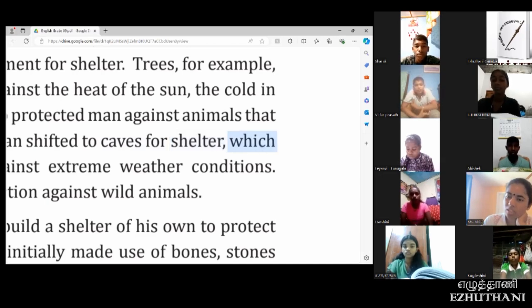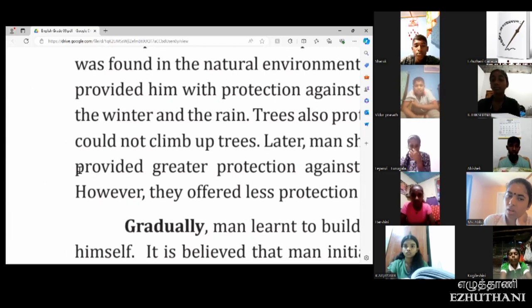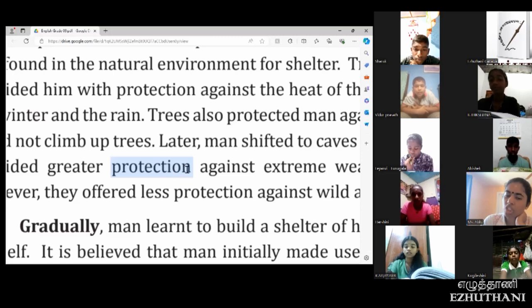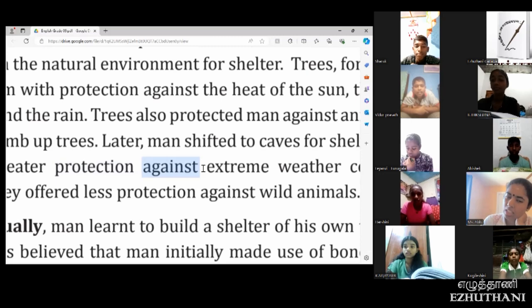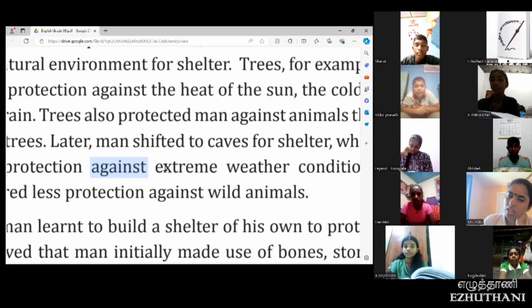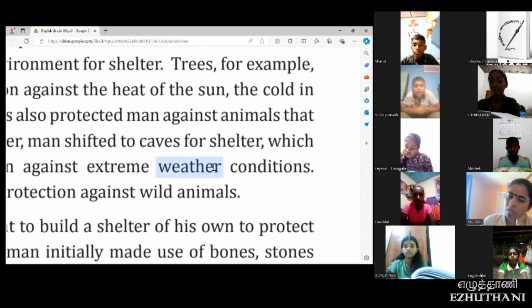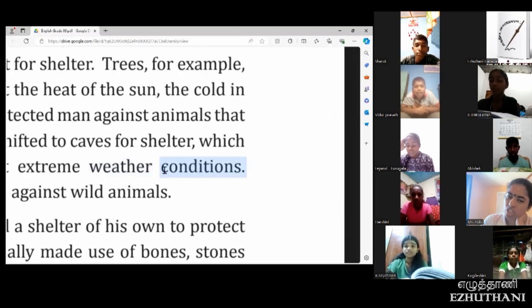Which provided greater protection against extreme weather conditions.